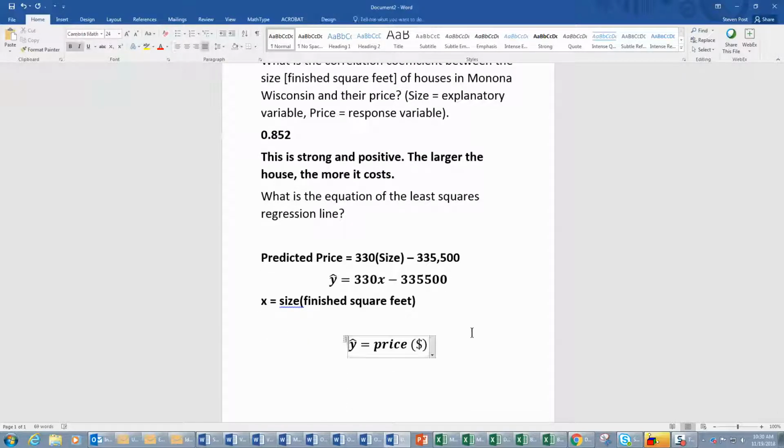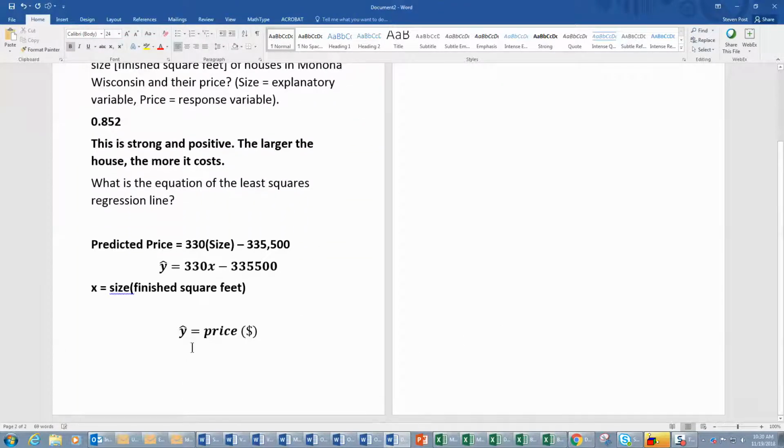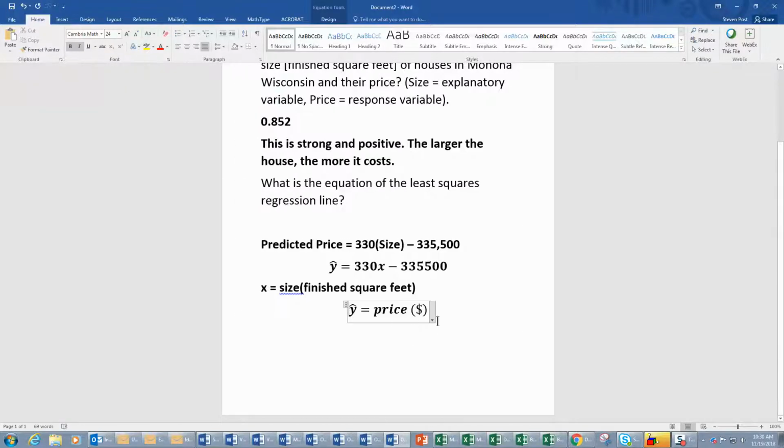What that means is that if we want to predict the price of a house in Winona coming onto the market, we would take 330 times the size and subtract 335,500.